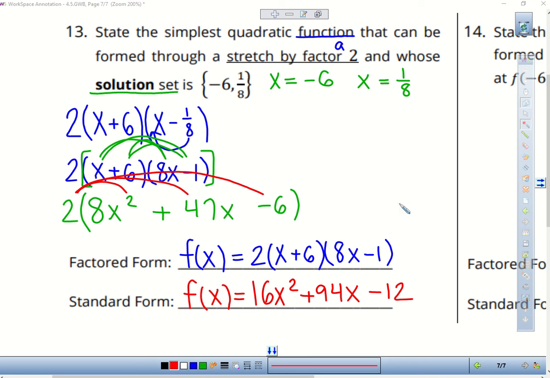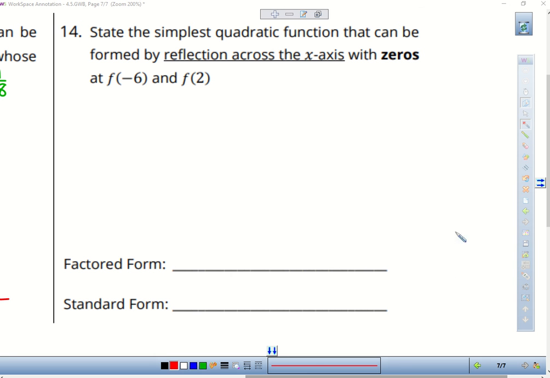So the last one we are going to do, now we're going to talk about a reflection across the x-axis. So a reflection means that your a value has to be -1 or some negative number.